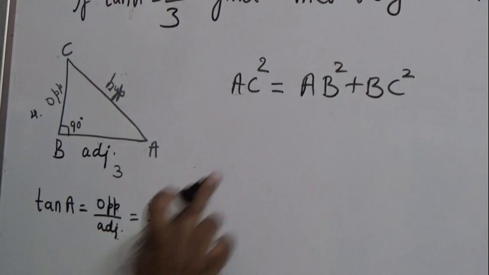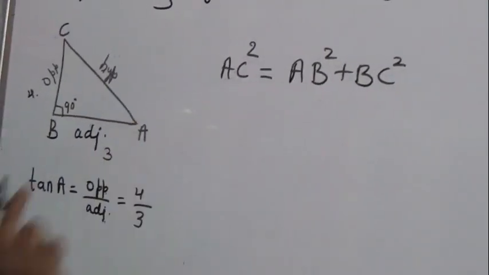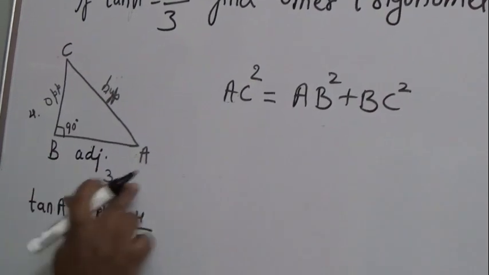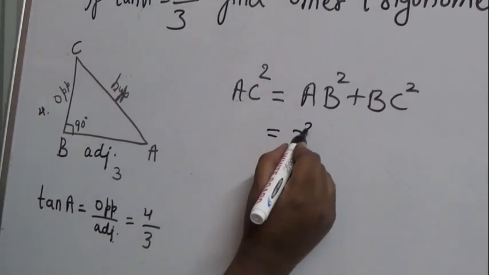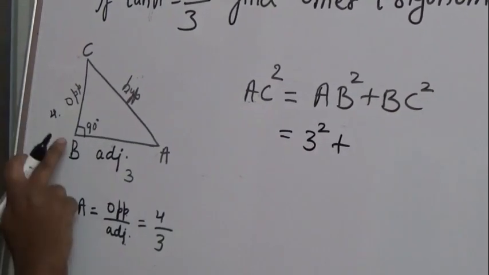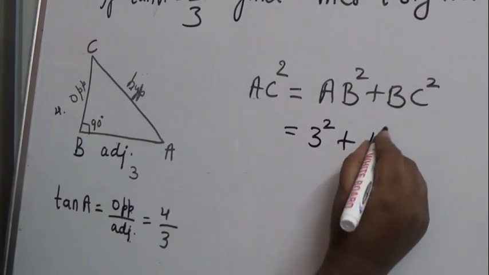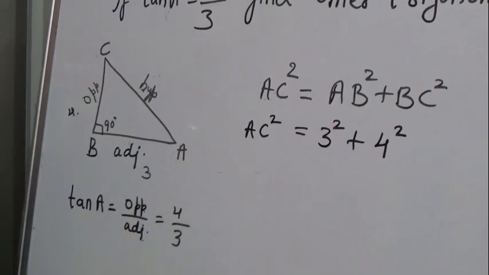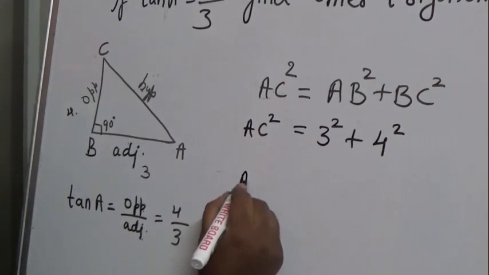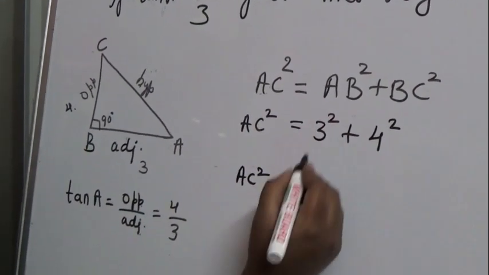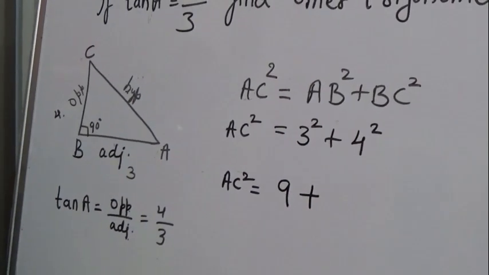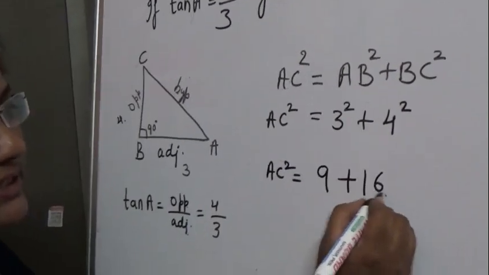Here we know the AB value, we know the BC value. Substitute. AB value is 3, therefore 3 square plus BC value is 4, therefore 4 square. We don't know AC square or AC. Then AC square is equal to 3 square, means 3 3s are 9, plus 4 square, means 4 4s are 16.